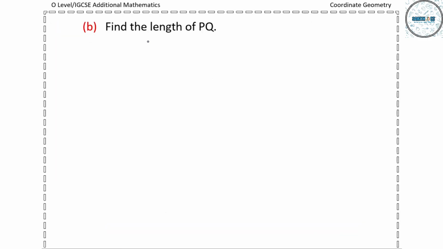Now we have to find the length of PQ. Coordinates of P are minus 3 upon 2 comma 0. We have done this in the last part. And the coordinates of Q are 0 comma 9 upon 4.